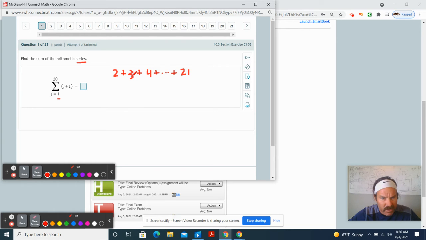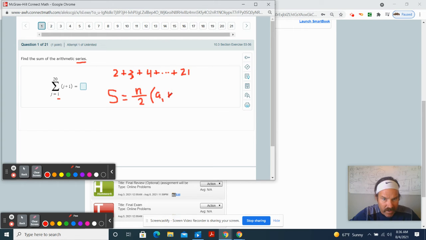But in order to do it another way, you're going to have to use a formula. So grab a piece of paper and a pencil or a pen and write down this formula here for the sum. I'm going to use S for the sum of an arithmetic series. The sum of an arithmetic series is this formula.